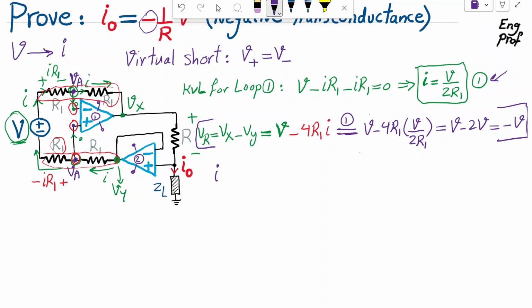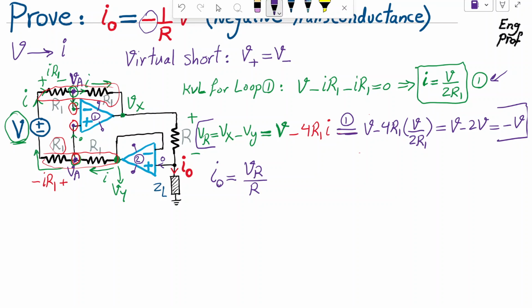The current I_out is obviously defined by the voltage across resistor R divided by the value of the resistor, because again, no current can flow through the input terminal of an ideal op-amp, because as long as it's linearly operating, that input terminal has infinite impedance.